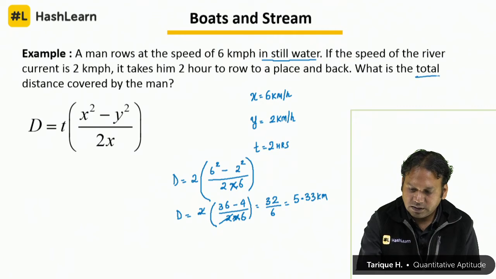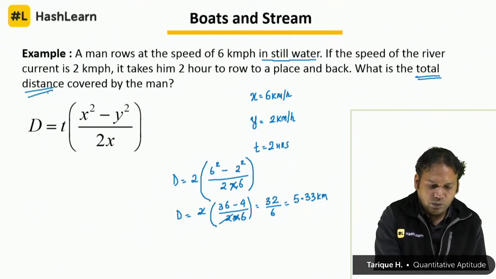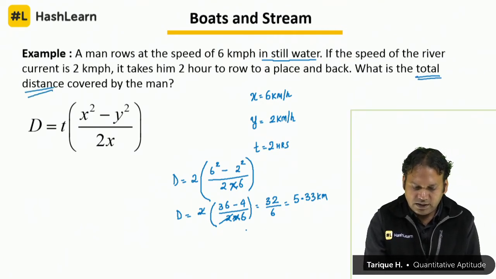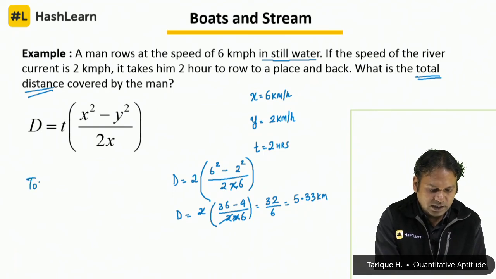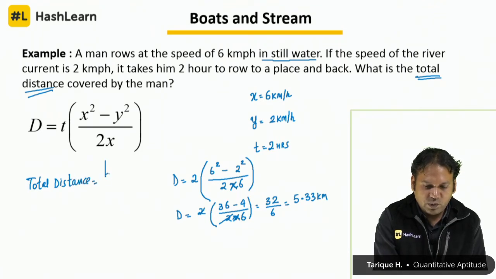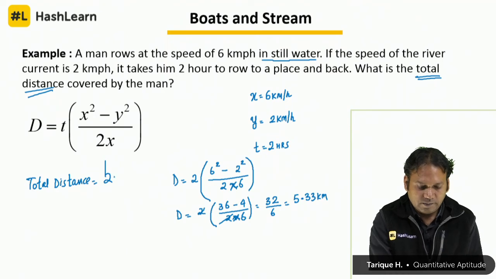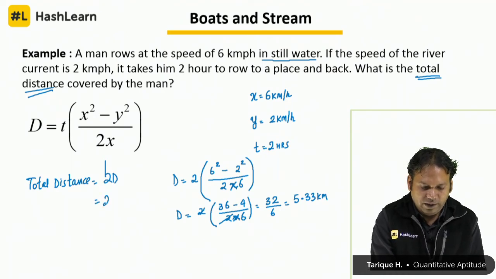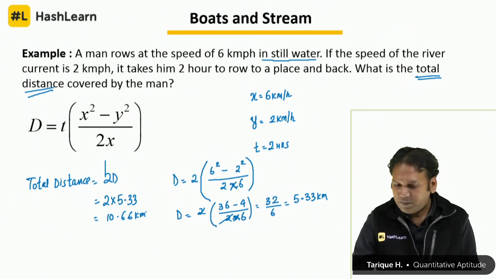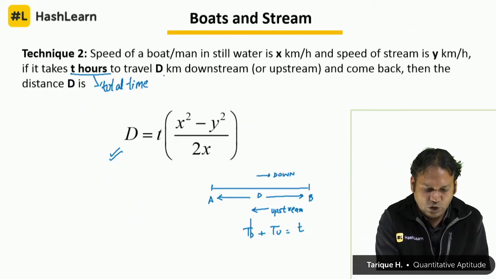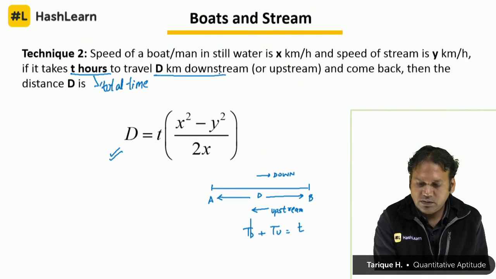What is the total distance? Now, total distance, please understand here, total distance is equal to 2d, because it is going d kilometers forward and back. So, 2 into 5.33, 10.66 kilometers. Please understand here, in the previous format, d kilometers downstream and come back.